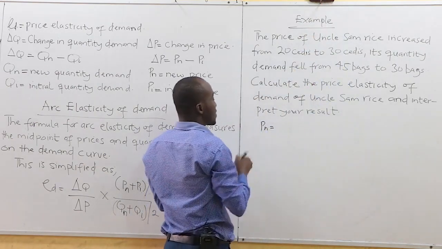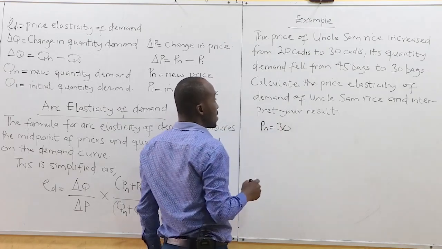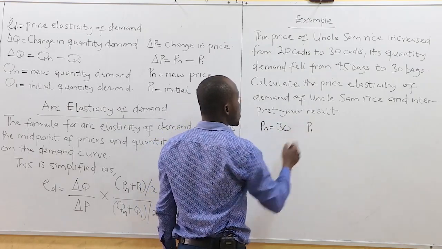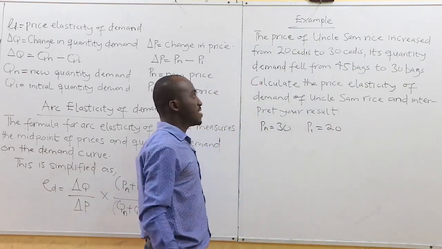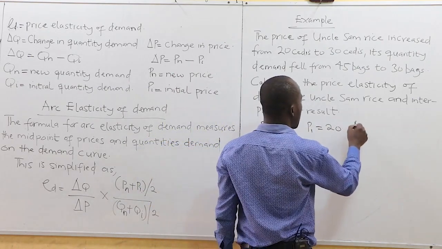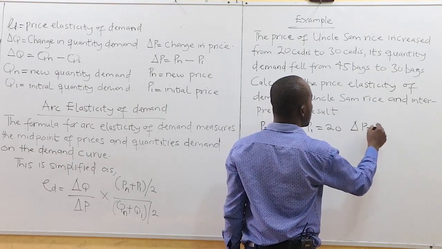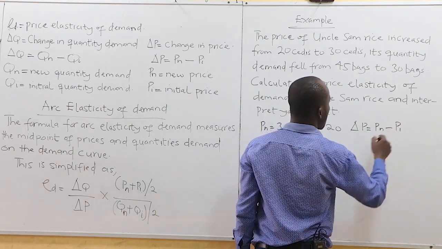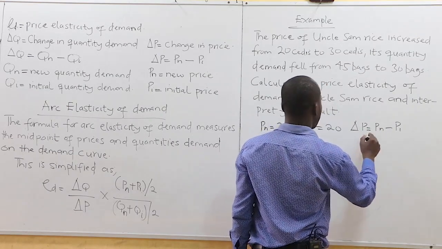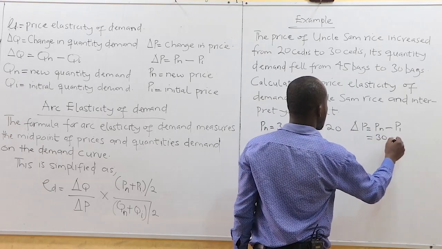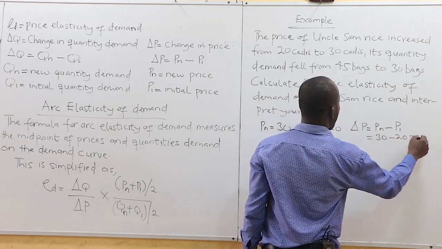The initial price is what? 20. What's the change? The change in price is the new price minus initial price, which is 30 minus 20, which will give you what?